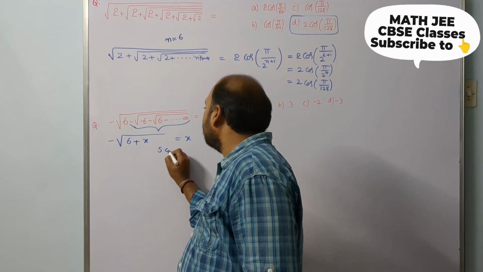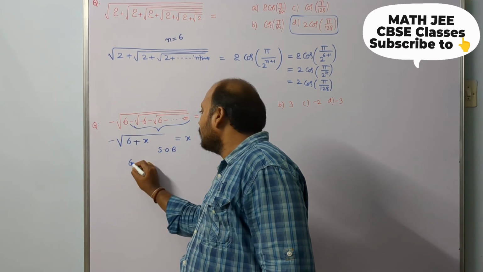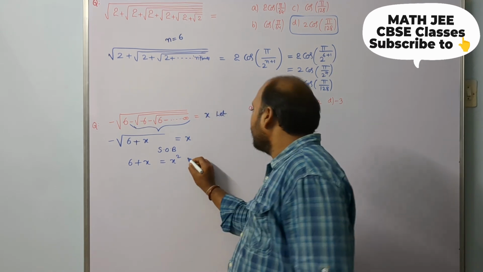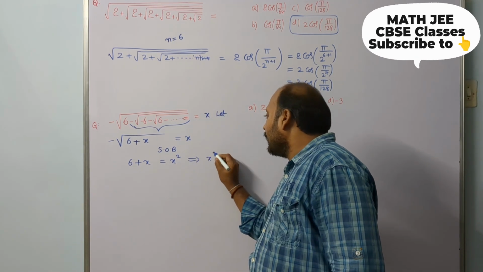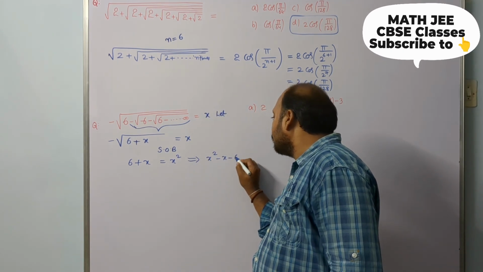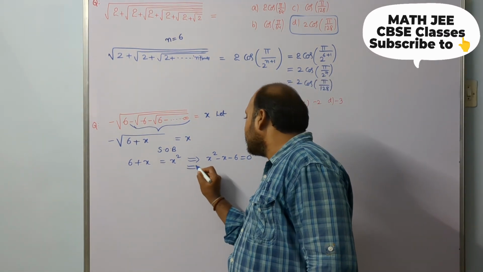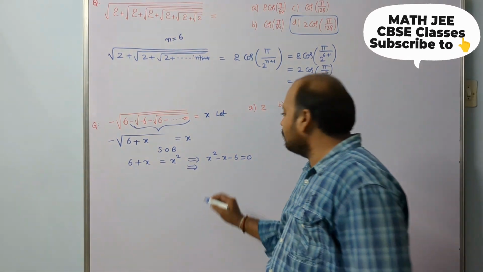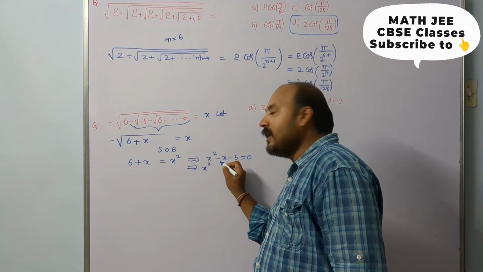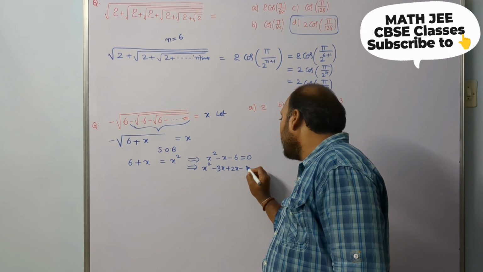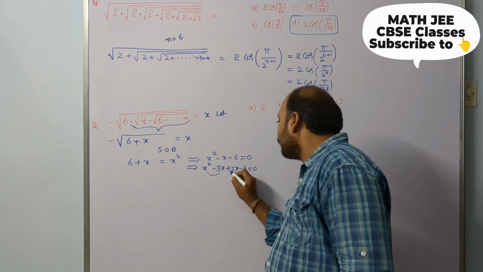Squaring on both sides, 6 plus x is equal to x square. That implies x squared minus x minus 6 equal to 0. Now factorization, splitting the middle term: x squared, here minus x I want, minus 3x plus 2x minus 6 equal to 0.